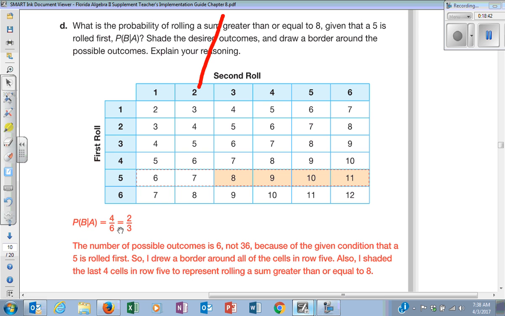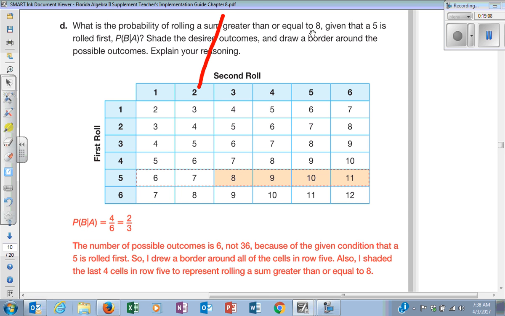Are you with me? Are those two probabilities the same? No. Then the first roll has some kind of effect on the sum being 8 or higher. They're dependent on each other.